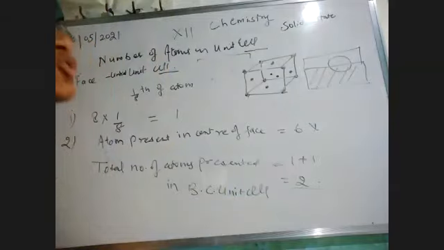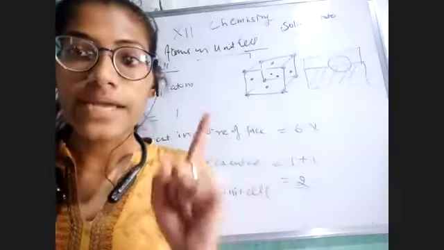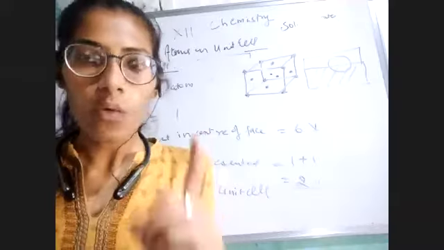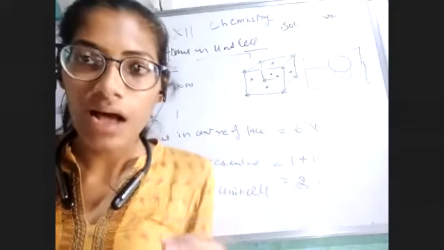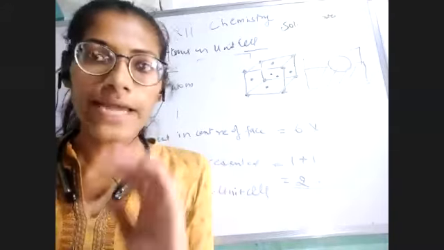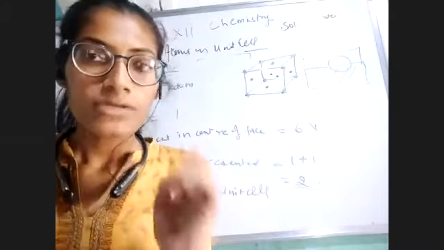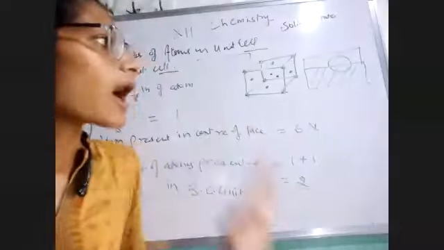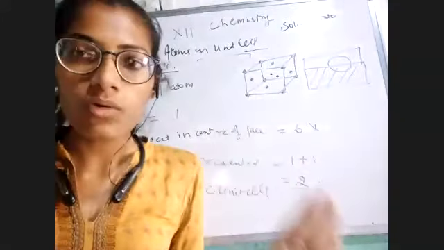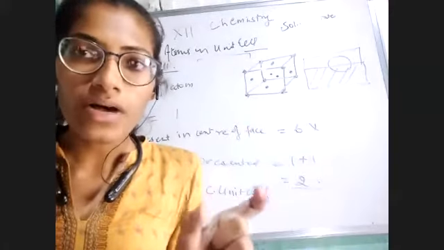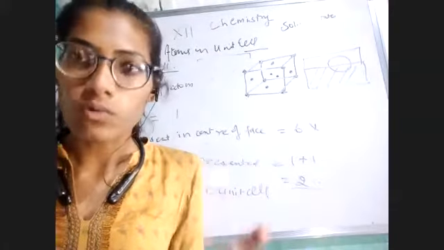So in actual, an atom that is present in the center of the face is shared by only half of that particular unit cell. So in short, I can say half of the atom which is present over the center of the face of a unit cell actually belongs to it.